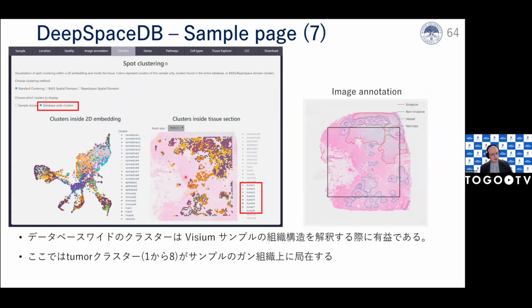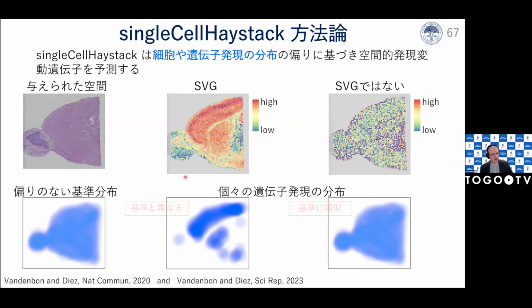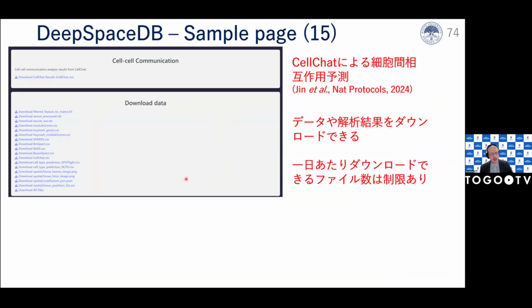Most of the data that is shown on the website is based on quality processed data. But here in the download data, we added the Seurat object, processed, but also the raw one. So if you're interested in the raw data, you can also download it.